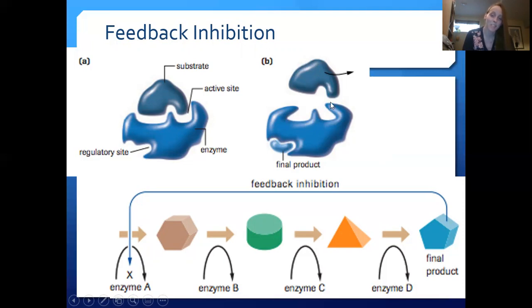This enzyme is out of commission. So really, these are just the sequences of all of the different reactions that could be taking place. All of these different enzymes are regulating each of the different steps of this reaction. And if the final product goes back and interferes with the first enzyme by binding to its regulatory site, this entire reaction shuts down until we can get rid of some of that final product.